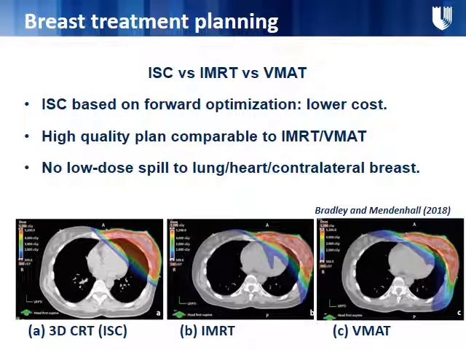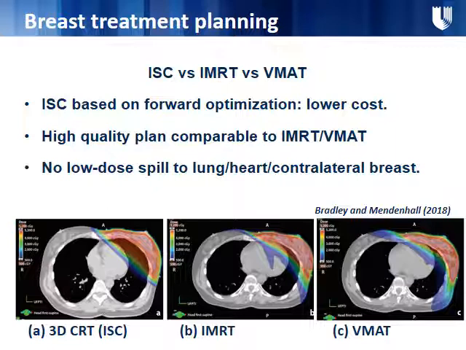How about comparing with IMRT and VMAT? Irregular surface compensator technique costs less because it uses forward optimization, so it's cheaper for the patient than IMRT or VMAT. It can still provide a very high quality plan compared to IMRT and VMAT because irregular surface compensator also utilizes intensity modulation.